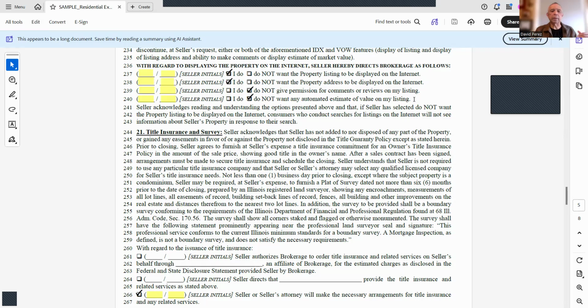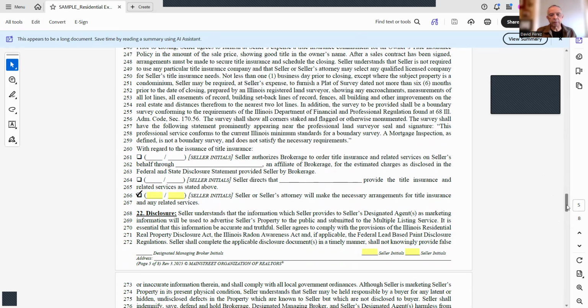So we don't want anything to throw the potential buyers off when they're trying to figure out how much a house is actually worth. All right. So I usually suggest we do not want automated estimate of value on the listing. Okay. So then you would initial one or both of these on those lines, 237 through 240.